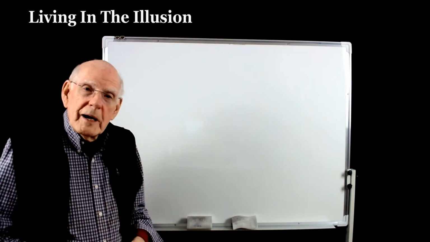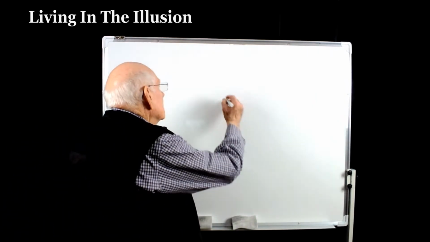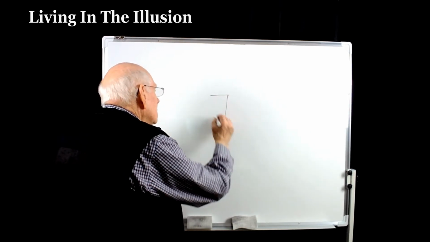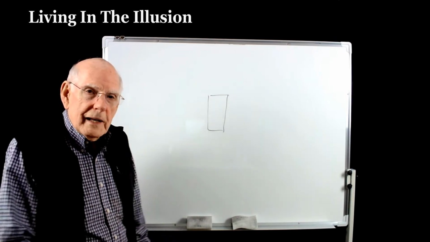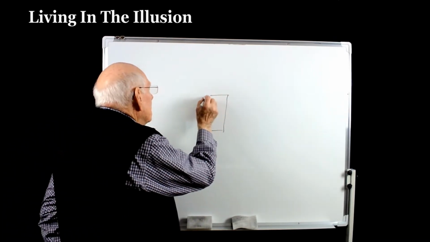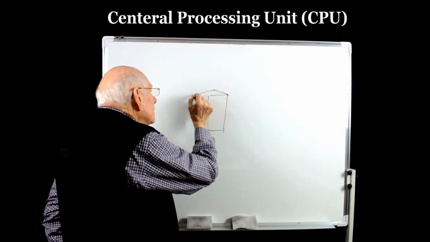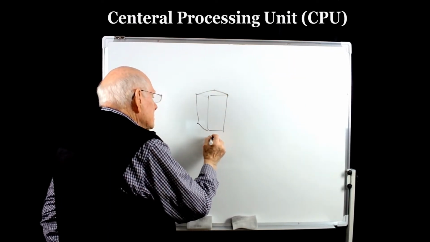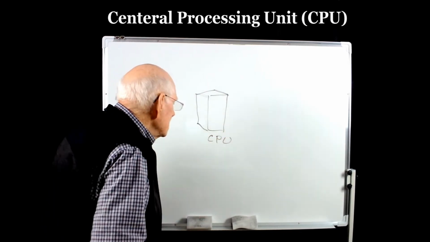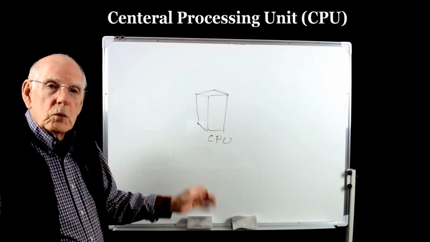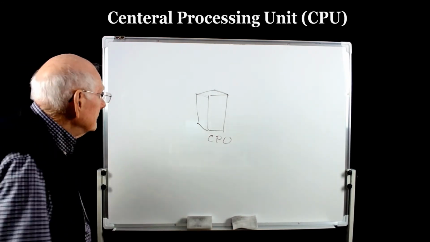Now, the main part of the computer is, you're going to have to imagine because I don't draw that well. So make believe this is a CPU, Central Processing Unit. All computers got it, whether it's a laptop or a desktop.